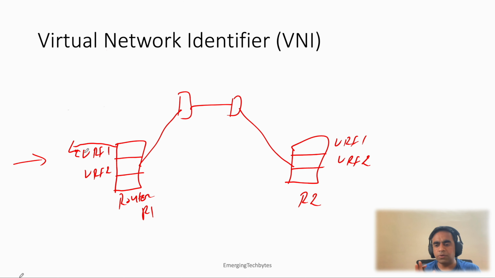So R1 knows that this packet belongs to VRF1. It will send that packet to, let's say this is P1, this is P2. To P1, since there are no VRFs here, P1 cannot identify this. Same goes with P2. And when P2 forwards that packet, how will R2 know that this packet belongs to VRF1?